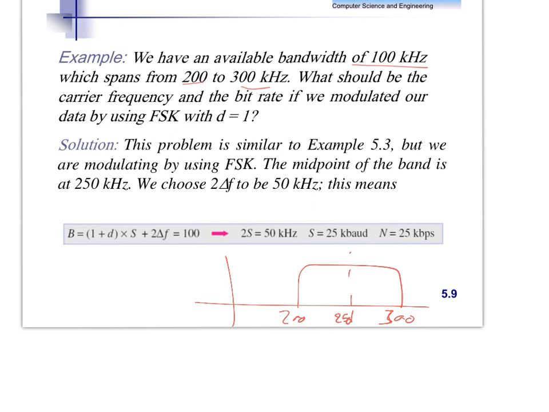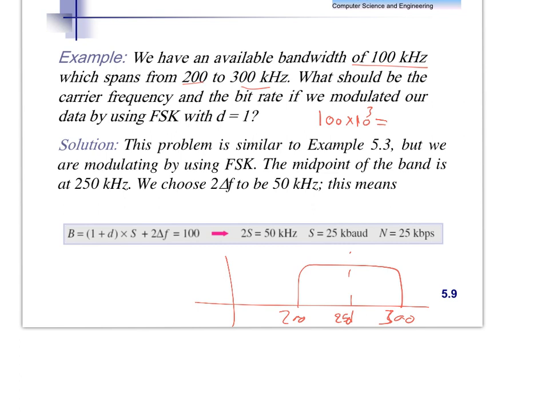And the bit rate? If we assume that we modulated our data by using FSK with D equal to 1, we know that the bandwidth is 100K, and this is equal to 2S. What's S?